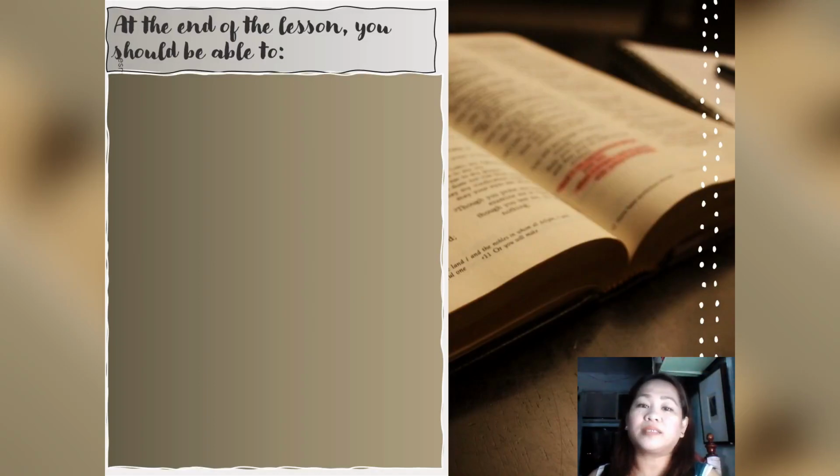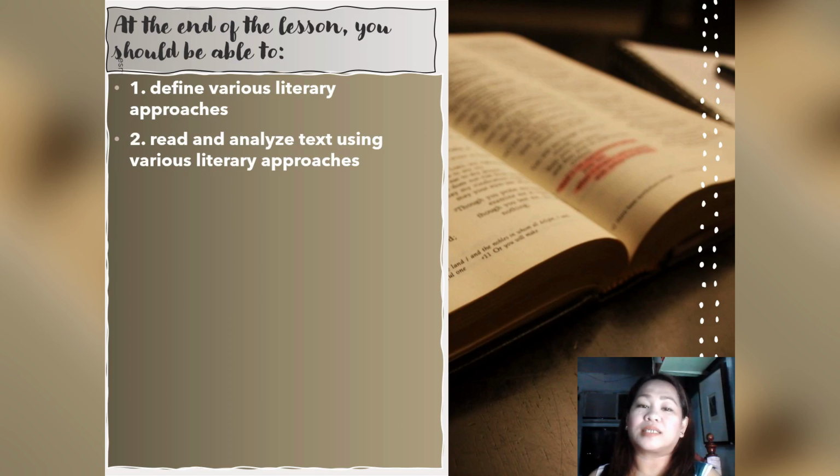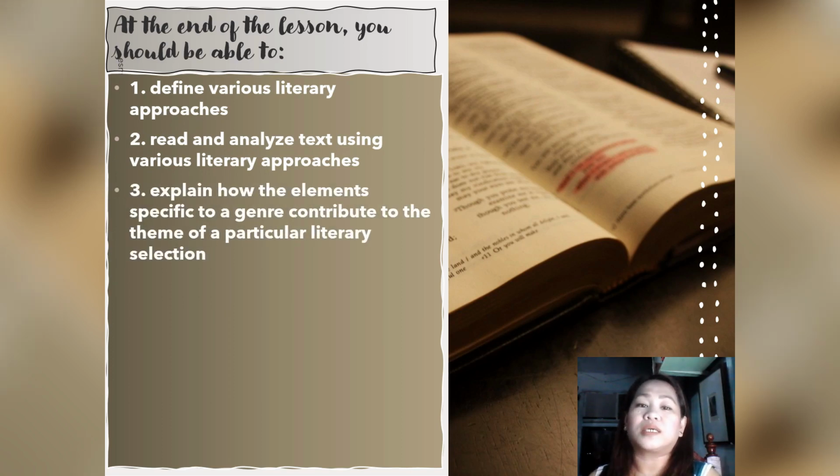Before the week ends, we will be able to first define various literary approaches. Next, read and analyze texts using various literary approaches. Then, explain how the elements specific to a genre contribute to the theme of a particular literary selection.